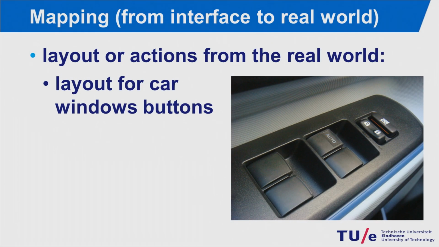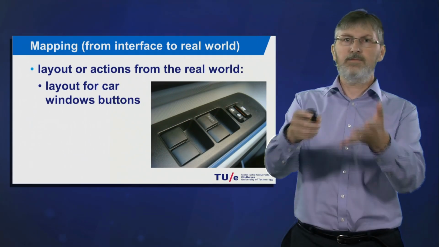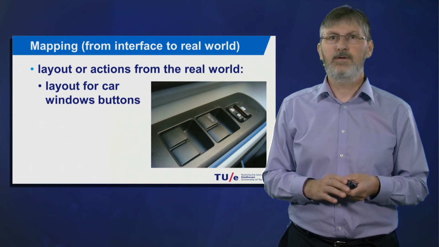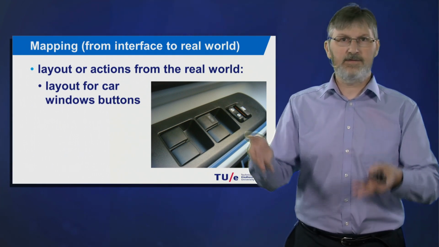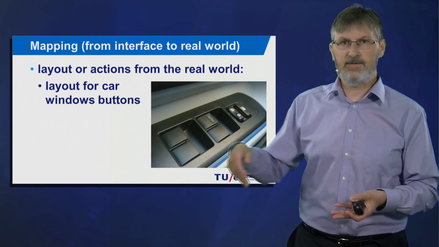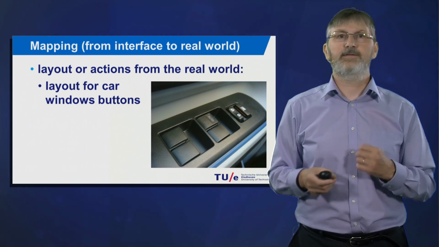And we see the 4 buttons laid out in the same way as where the 4 windows are in the car. So if you want to open the right rear window, the interface immediately makes it obvious you have to use the button at the back right.